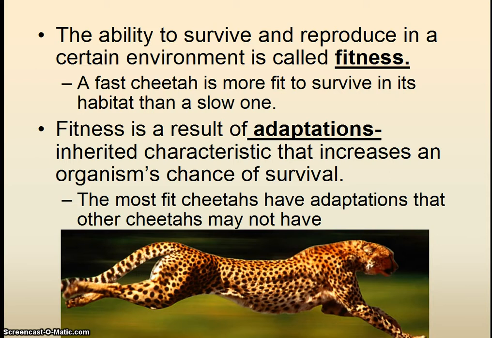It has to have claws and teeth that will enable it to capture its prey. Look at the coat pattern. If that cheetah was an albino, that would not be an adaptation. If this was an albino cheetah, it wouldn't be the most fit. But because this one has this coat pattern that allows it to camouflage its environment, that's another one of its adaptations. So all of the adaptations of this cheetah would make it more fit to survive in its environment.